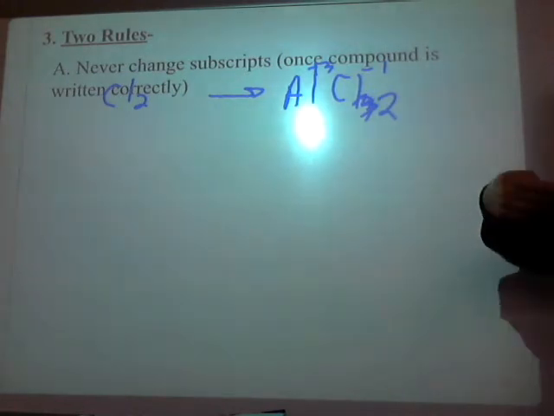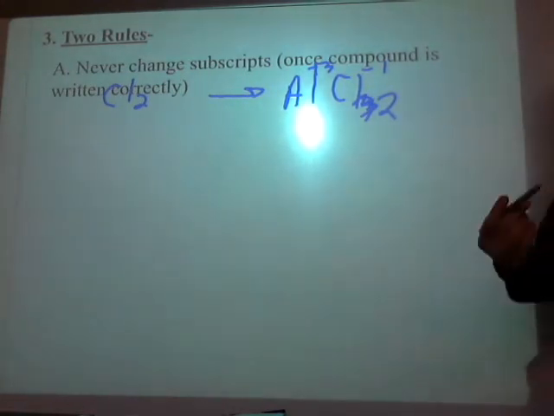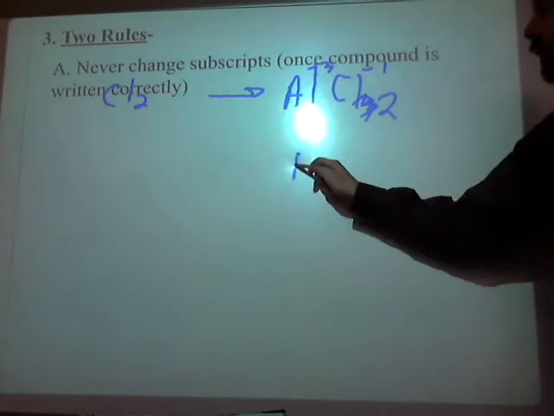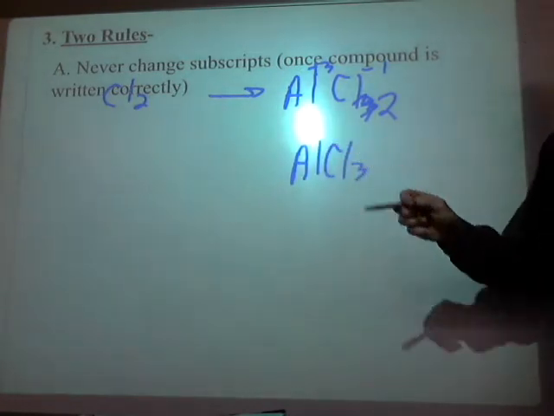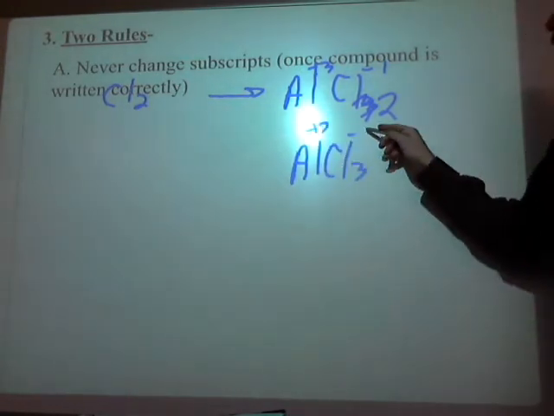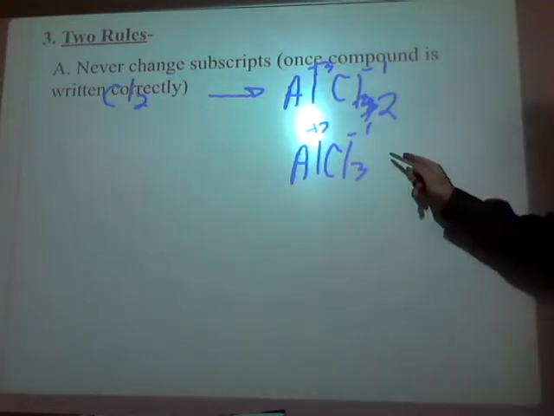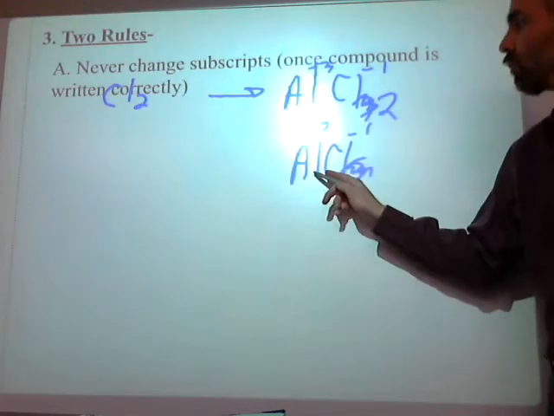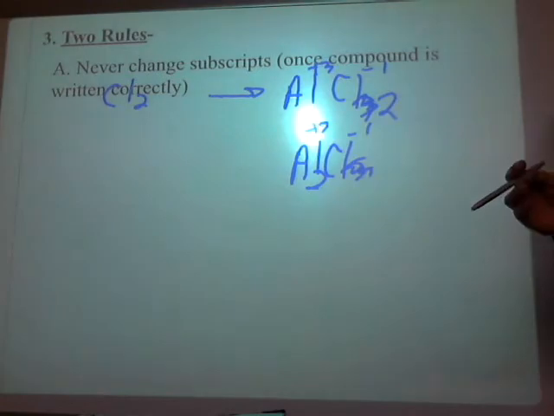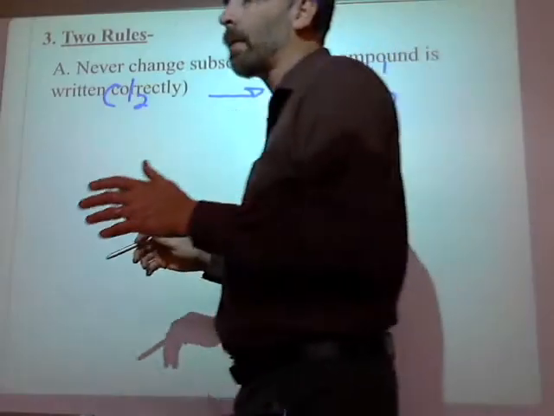That's what I'm saying. You can't change a subscript once it's written correctly. AlCl3 is written correctly like that. That's correct because he's got a +3, he's got a -1. I can't change that because I had two Als over there and just add a 2 in there for no apparent reason. That's what I'm saying. It gets tempting, but you can't do it.